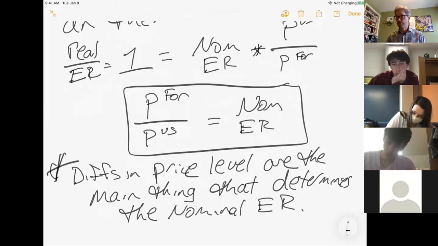Differences in the price level should be the main thing that determines the nominal exchange rate. That's the main thing that determines the nominal exchange rate, is just differences in inflation.